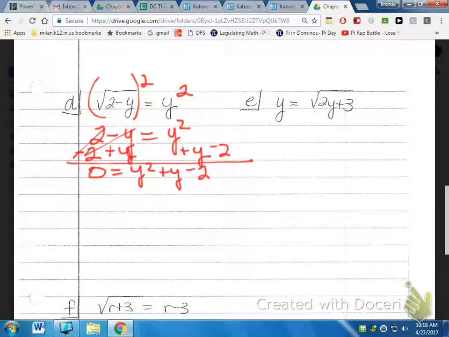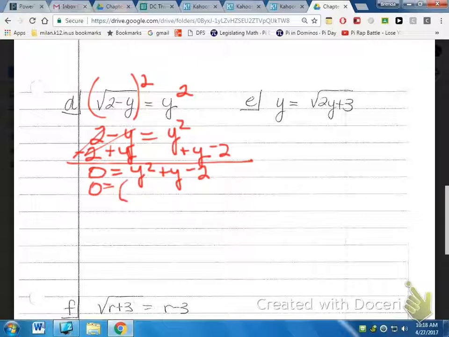We have many options to solve that quadratic. The last resort is always using the quadratic formula, negative b plus or minus the square root of b squared minus 4ac, over 2a. That's the last resort. Your first option should always be what we did first, and that is factoring.